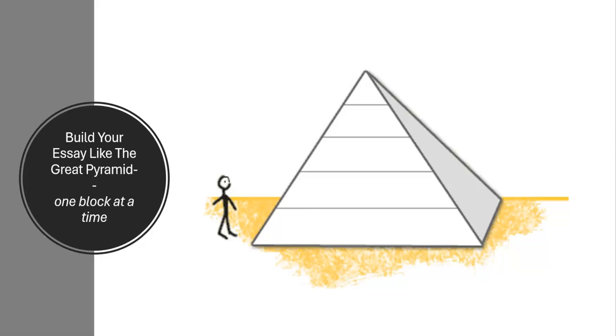So that's about it for the writing process. As you begin to think about your topics for your essays, I want you to build your essay like the Great Pyramid, 1 block at a time. Take your time and go through the writing process.